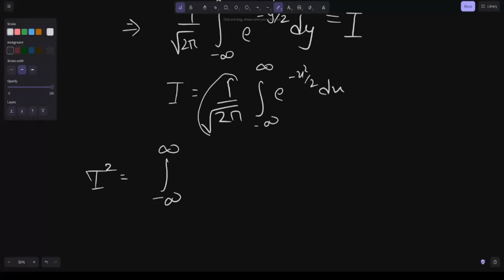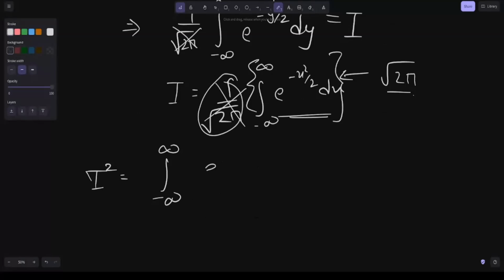Let's not consider the constant here. Basically we have to prove this integral is root over 2 pi. If I can prove this, then it is good. So I square becomes e to the power minus (x square plus y square) by 2 dx dy, a double integral from minus infinity to infinity.